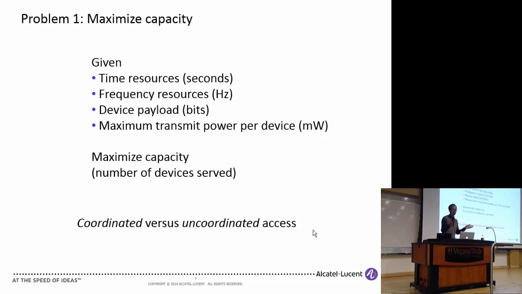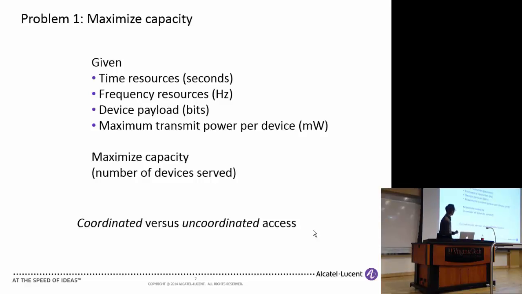But let's focus on these latency tolerant applications. Okay, and then you're given some maximum transmit power per device, given in milliwatts, and then the problem is to maximize the capacity in terms of the number of devices that you can serve.